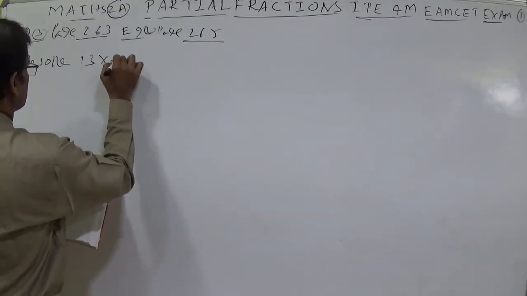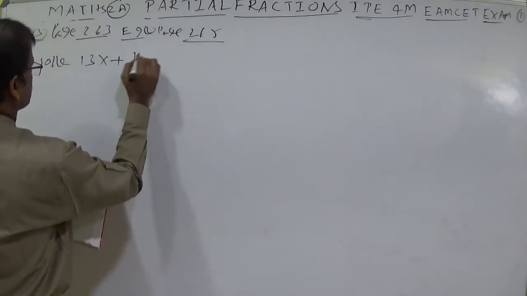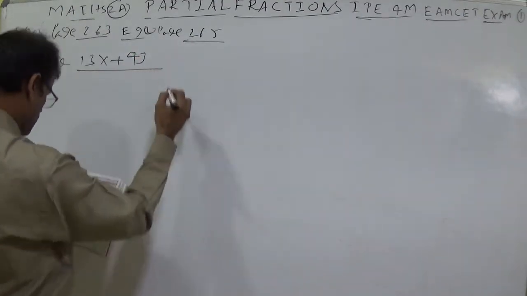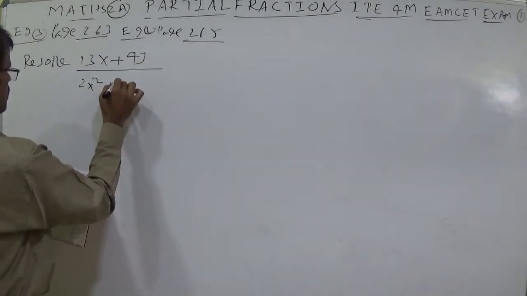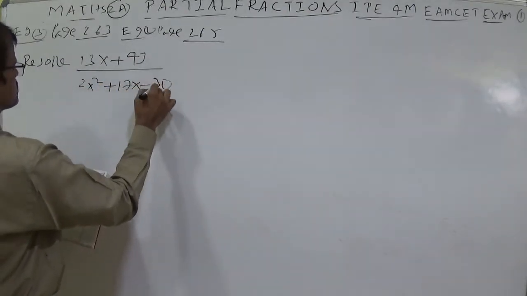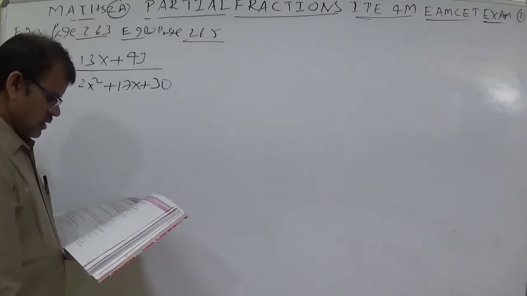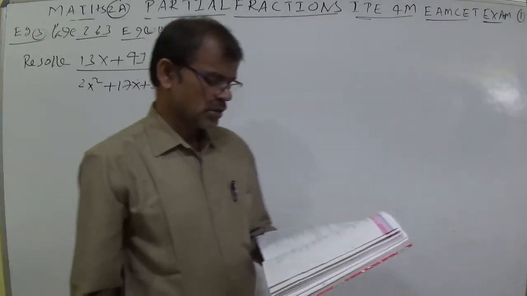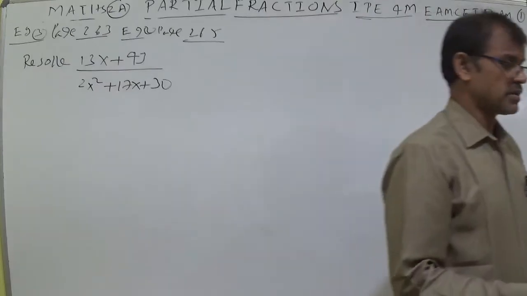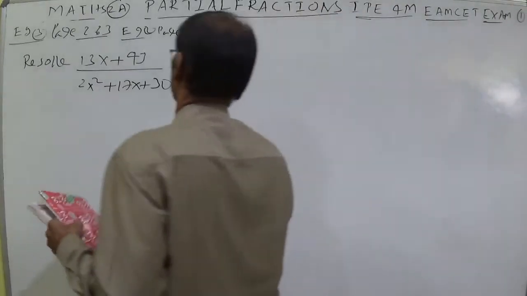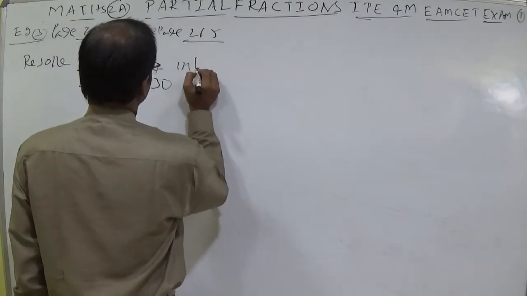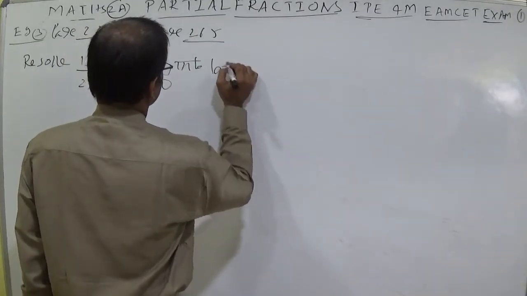Resolve here (13x plus 43) by (2x square plus 17x plus 30) into partial fractions.